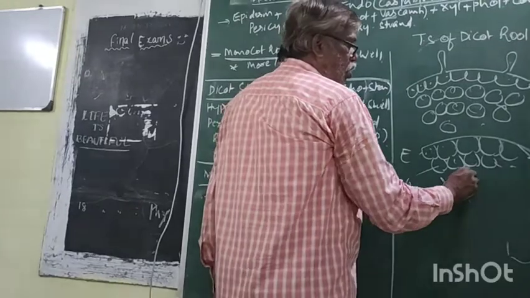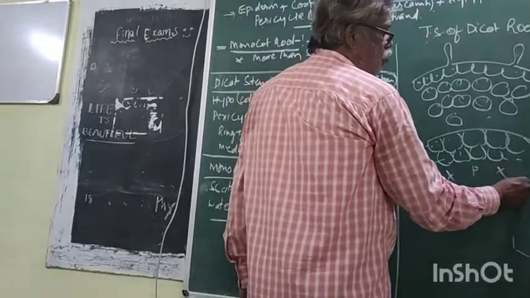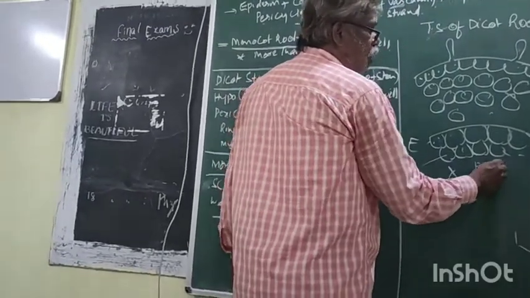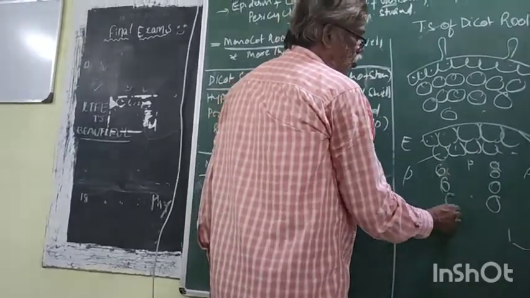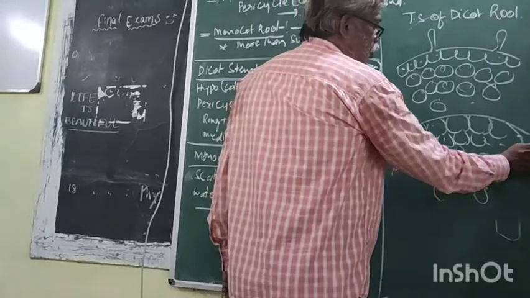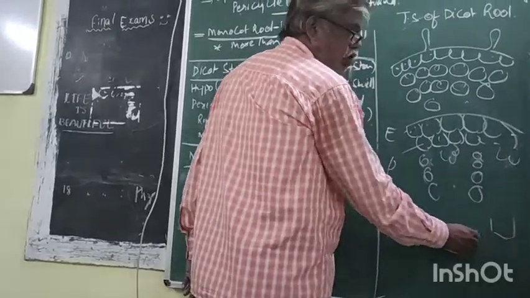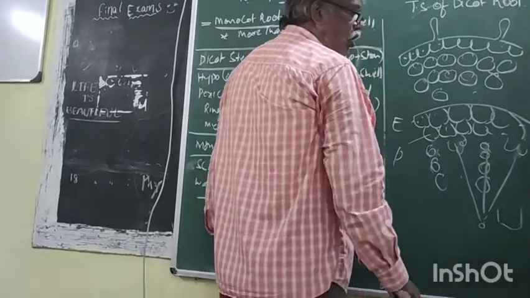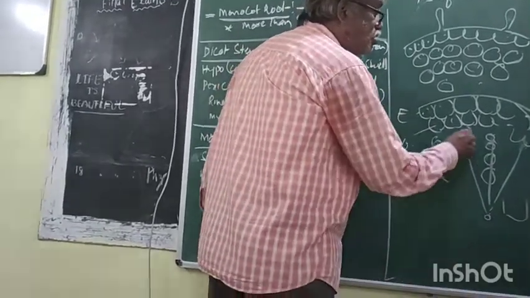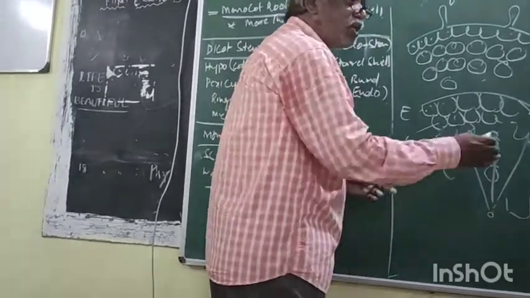Phloem. Xylem. Like this. Now this is the phloem. The xylem and phloem are not present on the same radius, they are on different radii.